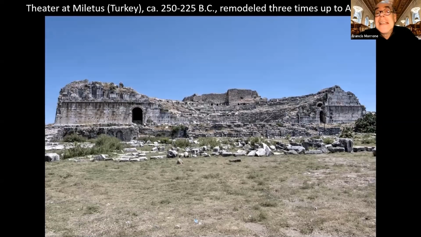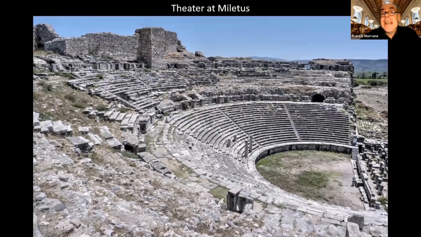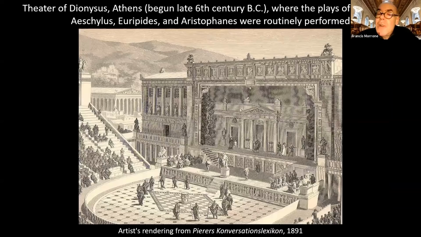The theater at Miletus in Turkey, another view, you can see just how grand these theaters were. And this is an illustration of what the theater of Dionysus, or Dionysos, which was in the southeastern corner of the Acropolis, looked like.